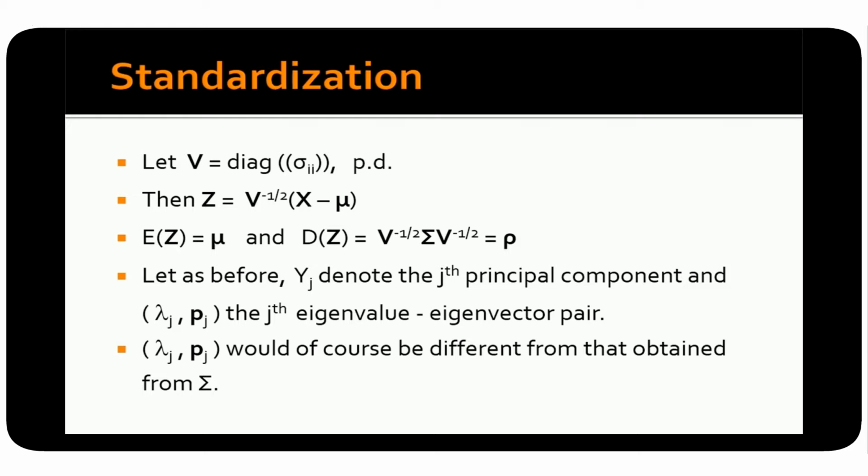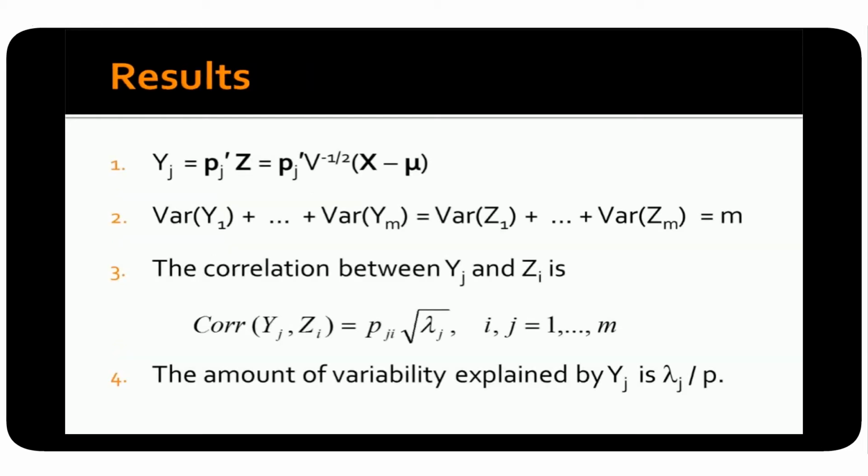The dispersion matrix of z is v half to the power of minus 1 sigma v half to the power of minus 1, and this you can readily see is the correlation matrix. So now we are using the correlation matrix instead of the dispersion matrix to derive the eigenvalues and the eigenvectors, and that is the reason why there would be a difference. Now, using the same principles, I will just be stating this result because the proof would be exactly similar.